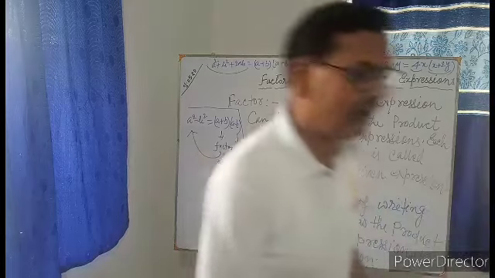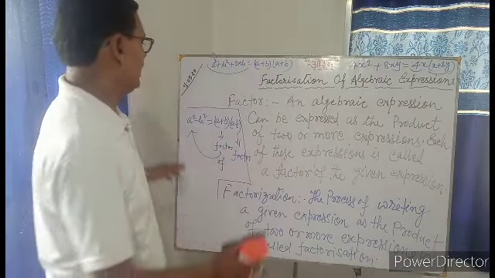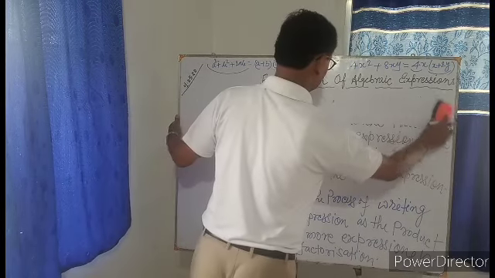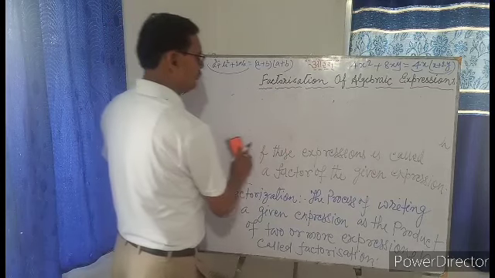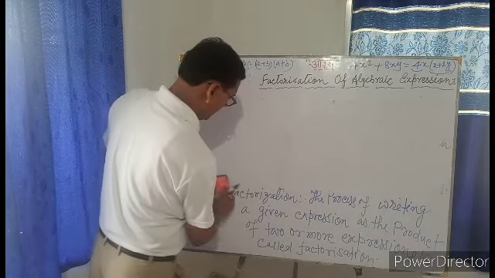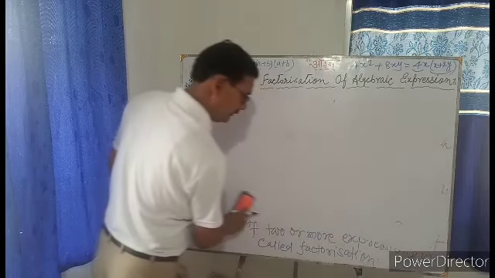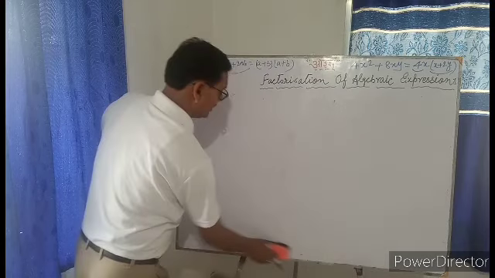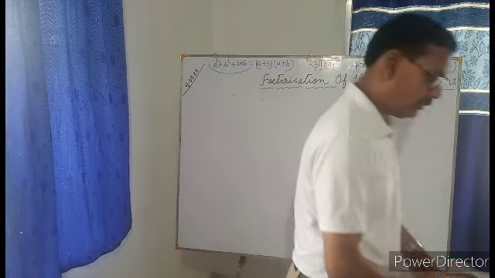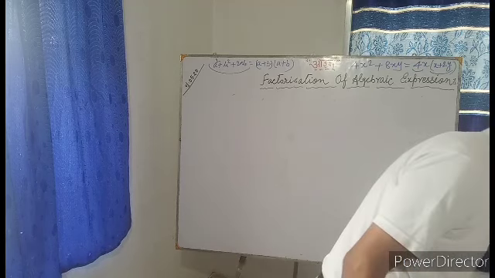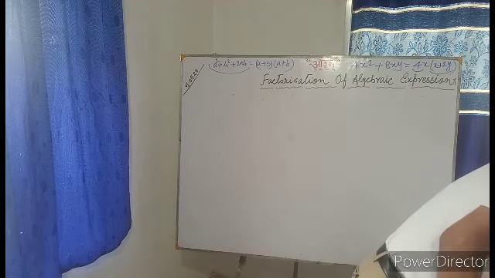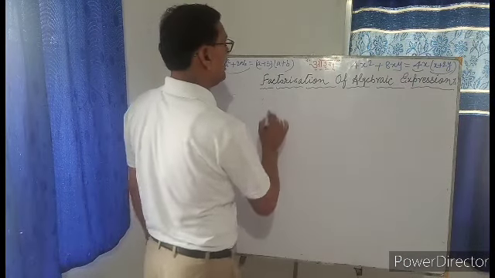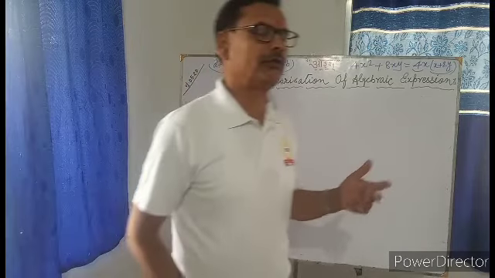Now, I think you have come to know about the factors and factorization. Now let us switch over to another thing, that is how to do the factorization of the given expressions. Today we would like to do certain problems. So as I have told you, in factorization we will adopt two methods.